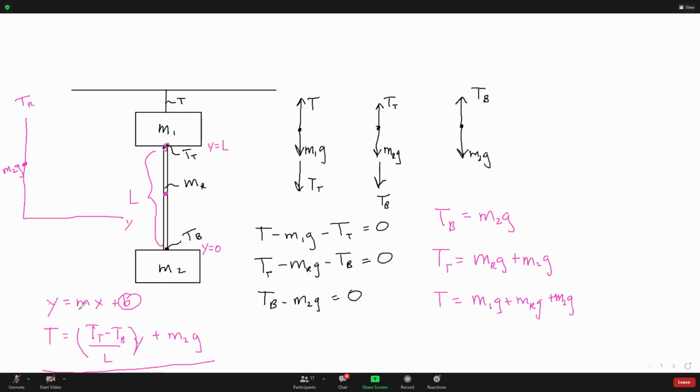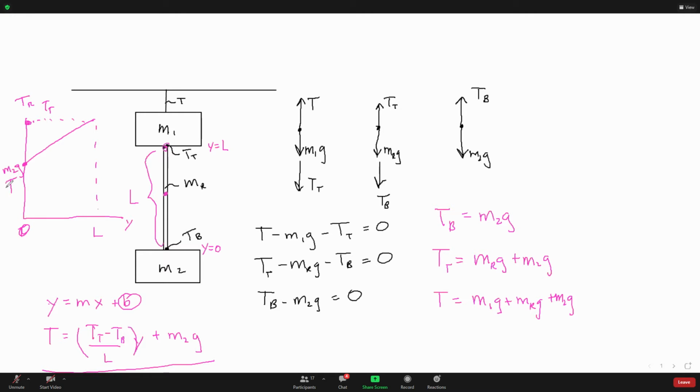Now, since it's a straight line, we need to determine the slope. So it's going to go something like this. And this is the tension at the bottom. So this is y equals 0, and this is y equals L. And this value right here is the tension at the top.